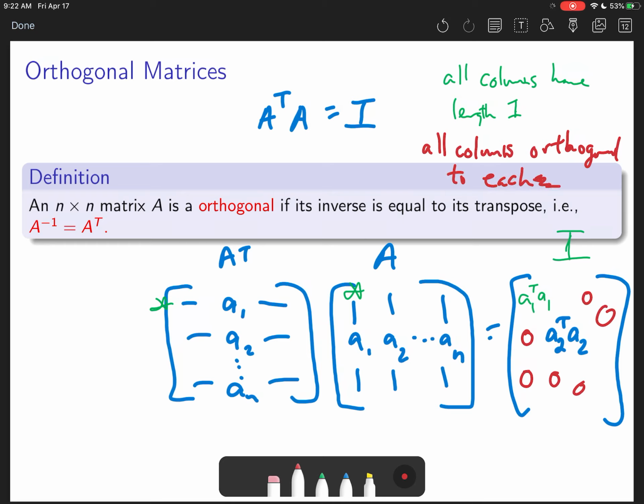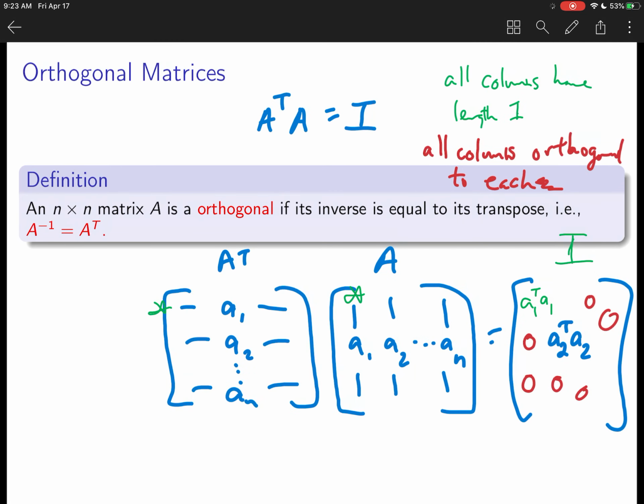Because all of the dot products between columns that are different are 0. And those are two big properties of an orthogonal matrix that we can now talk about because we understand things like dot product and the lengths of vectors. So the columns of an orthogonal matrix form an orthonormal set.